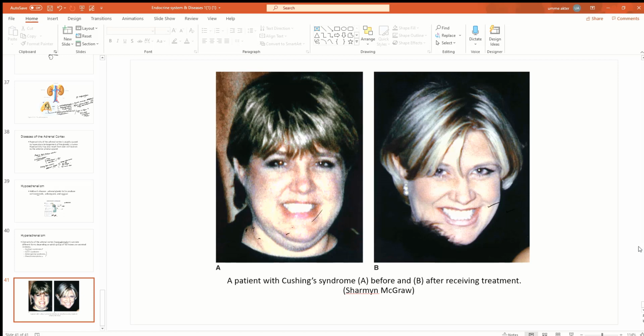Now quickly I'll go over a couple more endocrine glands. Pancreas. Just let's briefly talk about it. Very important. Pancreas is located in the abdomen, and if you see the pancreas, it has a head part, body, and a tail.